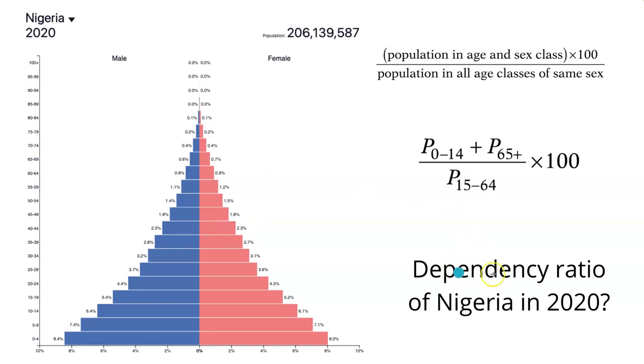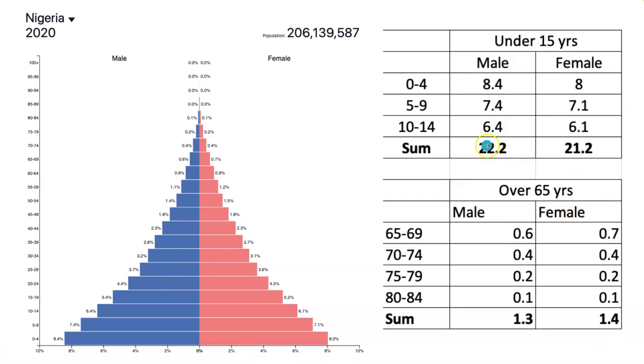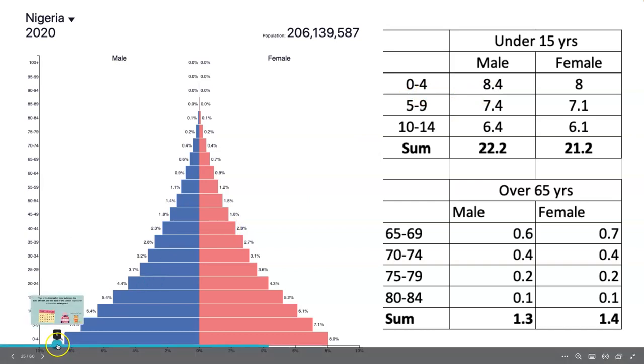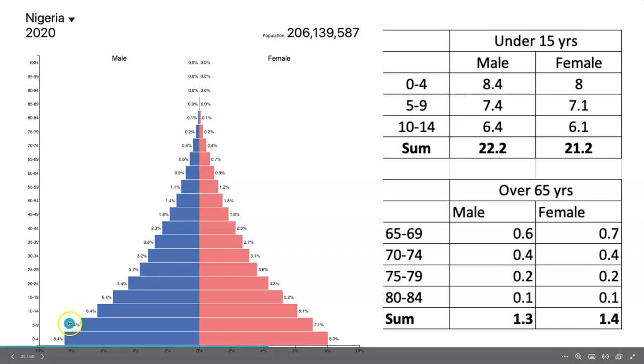For example, the dependency ratio of Nigeria in 2020. Let's divide it into male and female, because it might be very complex if we make the total. For the male of Nigeria, 0 through 4 was 8.4, right? 8.4 out of 100, which is the percentage of males under 15 years. 5 through 9 is 7.4% here.